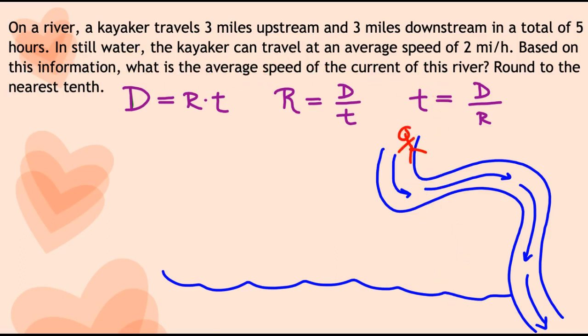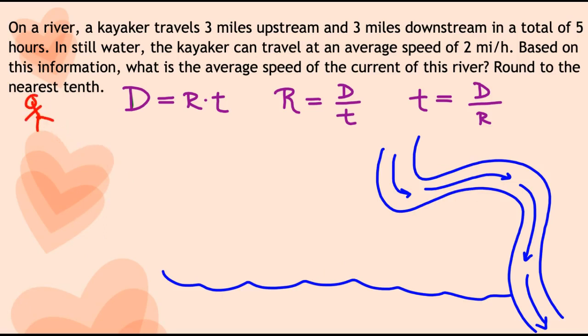So this is going to be 2 miles an hour plus the current. This one's going to be 2 miles an hour subtract the current. It's so hard to get out of this current. And this is fun because this guy can get banged around all sorts of stuff.